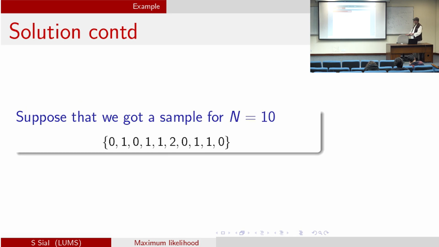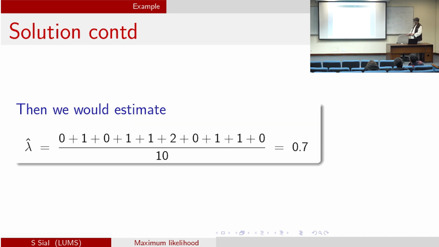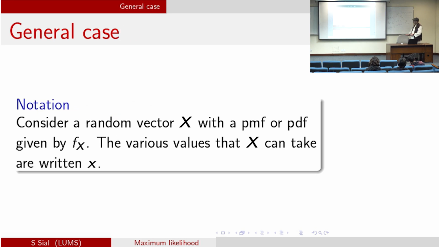For example, if we had n equal to 10, and we got x1 is 0, x2 is 1, x3 is 0, and so on, then we would take the average of that, and we would say my estimate for lambda is 0.7. Right?